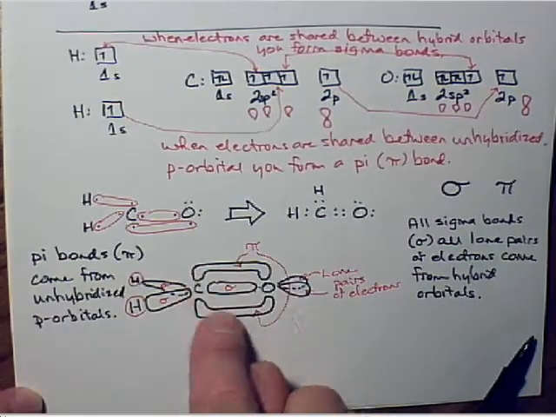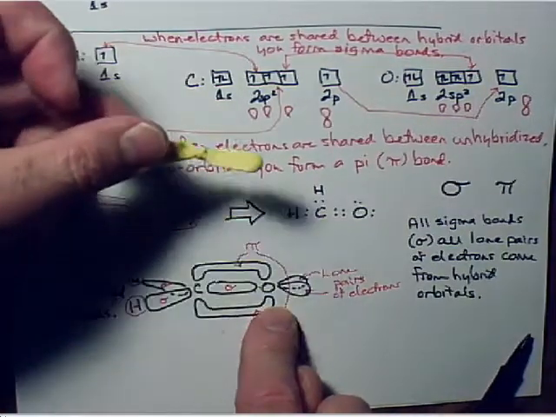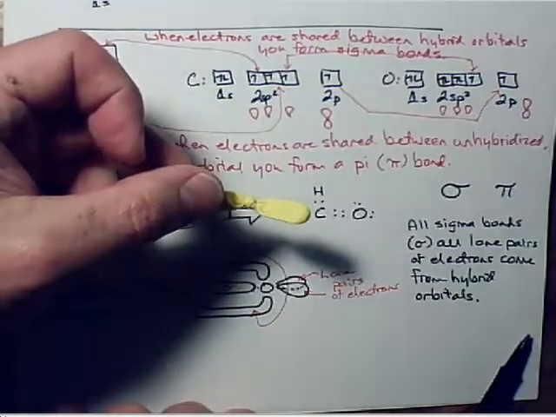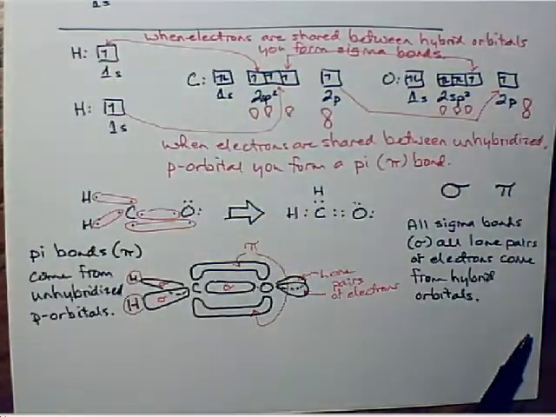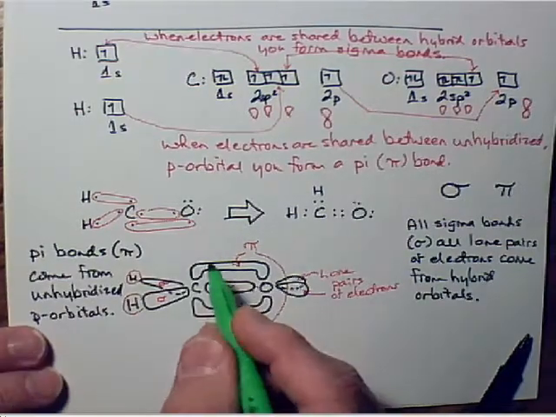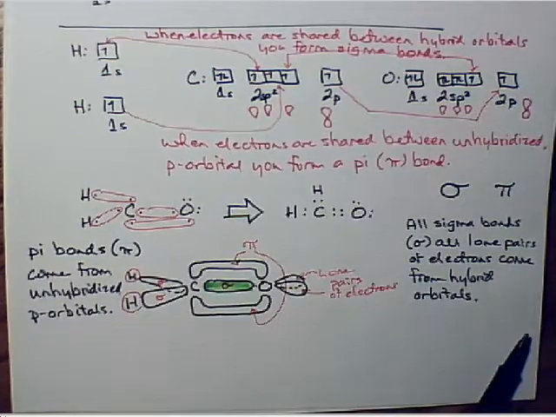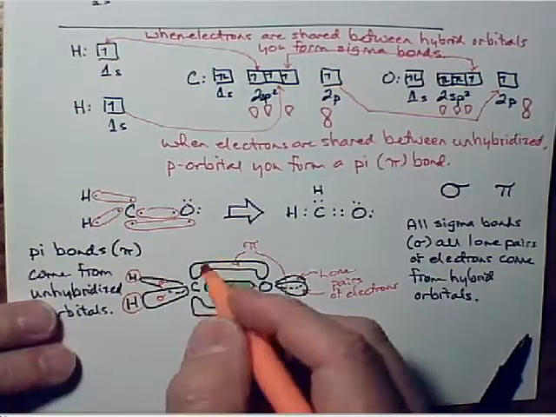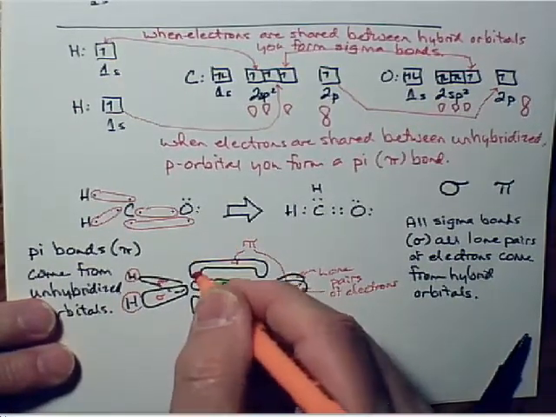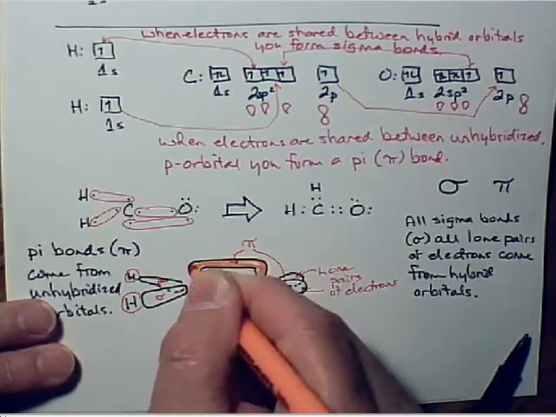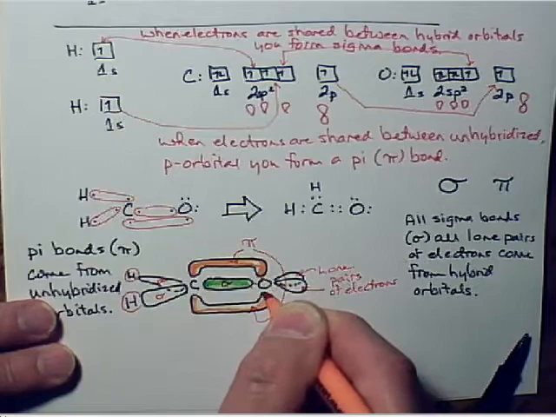The balloon that you're going to make your pi bond needs to have a knot at the end, and the balloon you make this sigma bond needs to have a knot at the end. Okay? Now, you want to make the color of this balloon different from the color of the balloon you're going to make your pi bond with. In fact, the pi bond can be one balloon.